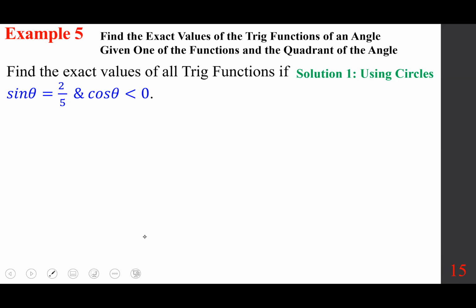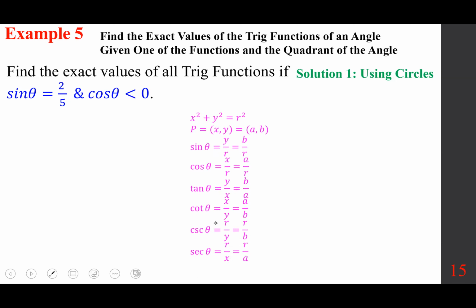So sine is given. First and foremost, I want to remind you of all of this. Second, sine is positive. So right here, if we stop, that means the first or the second quadrant. Cosine is negative. That means the second or third quadrants, putting them together, quadrant 2. So we already know it's in quadrant 2.